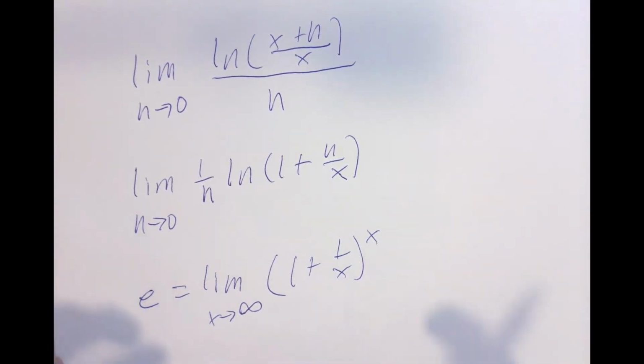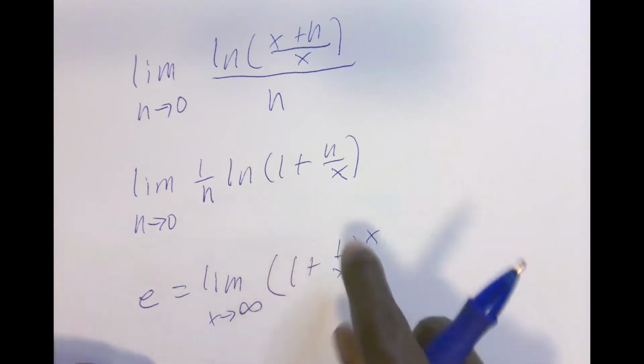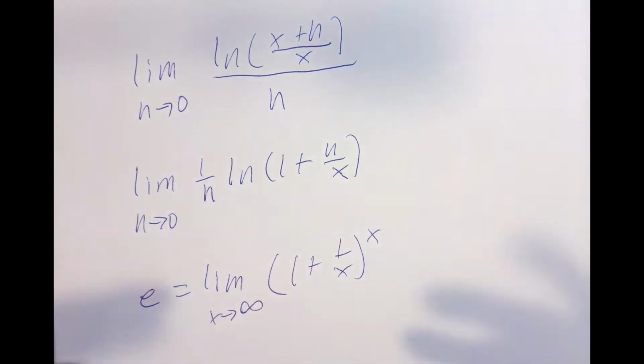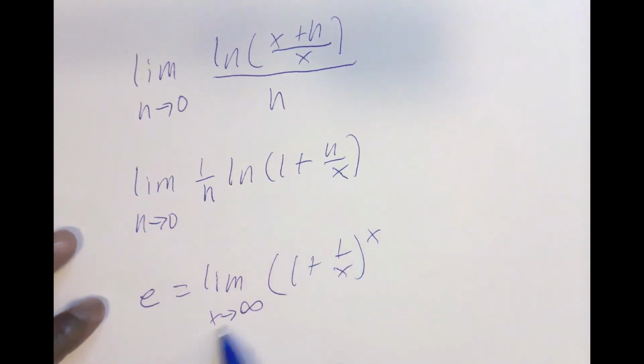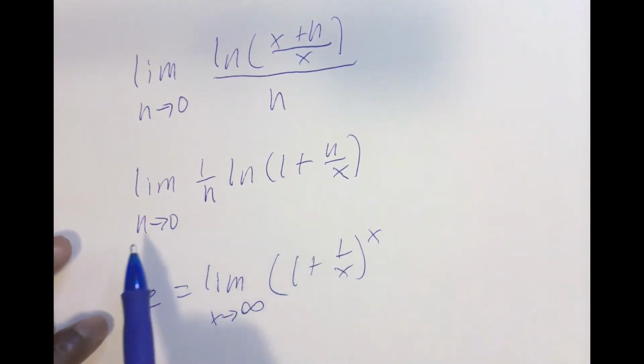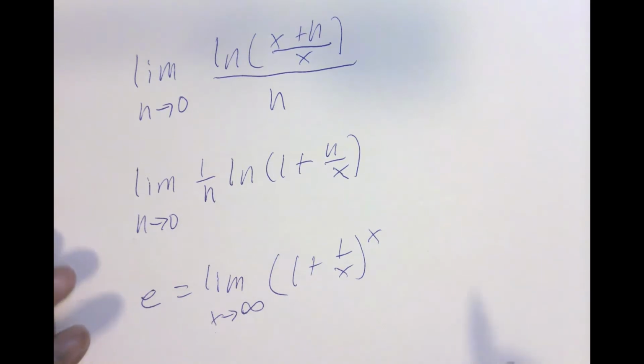So I'm trying to get this particular limit in that form. It may not seem like it's something I can do because this is a limit of something going to infinity, and this is a limit of something going to 0. But there is a way where I can make these correlate. And so that's my aim right now.